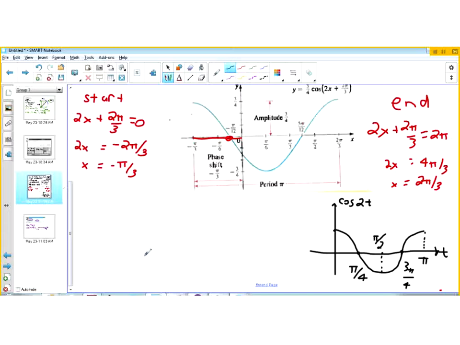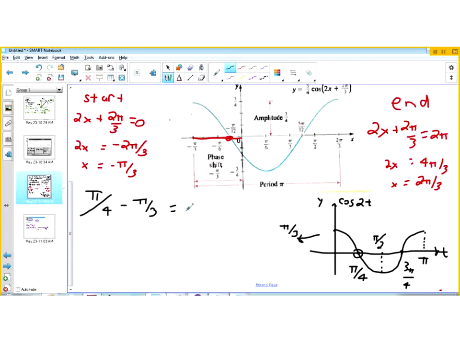So now what we do is we subtract pi thirds from pi fourths. So we take this black curve and we shift it to the left pi thirds units. And so that basically will take this x-intercept and move it to the left of the y-axis. Right, and so this coordinate is found by saying pi fourths minus pi thirds.